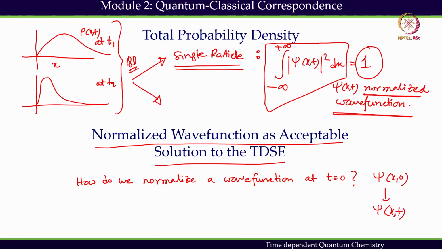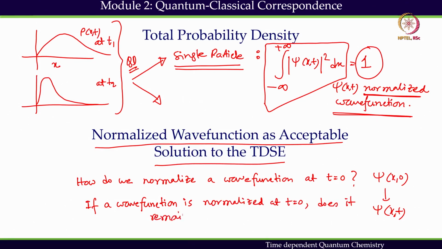So, the second question is that if a wave function is normalized at t equals 0, does it remain normalized at any later time?